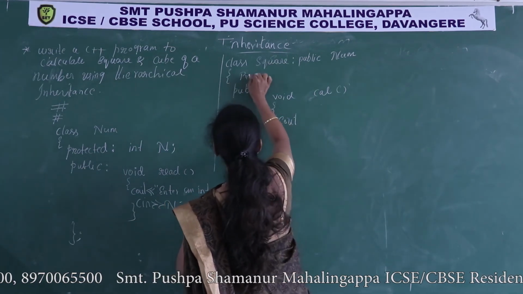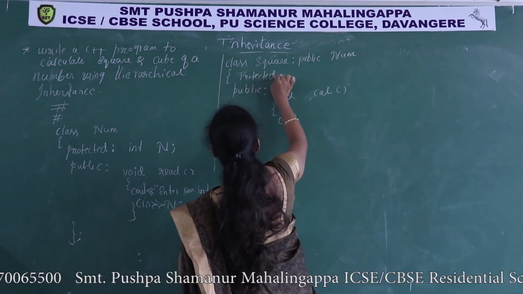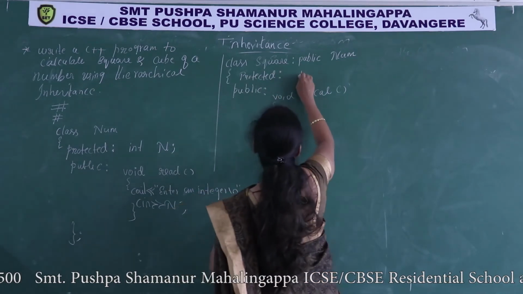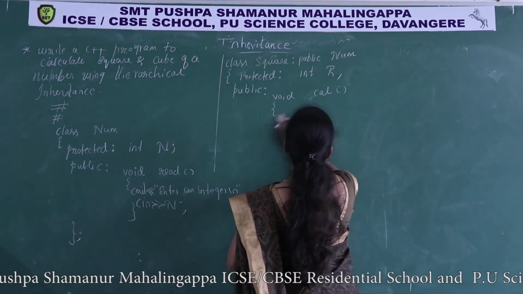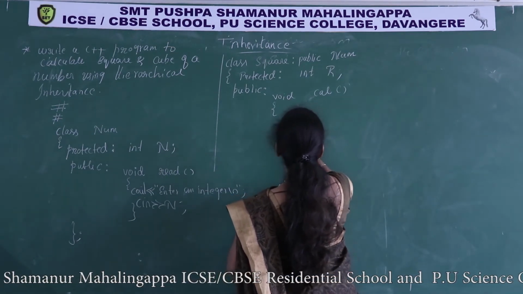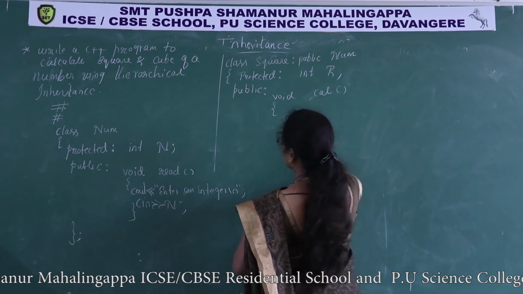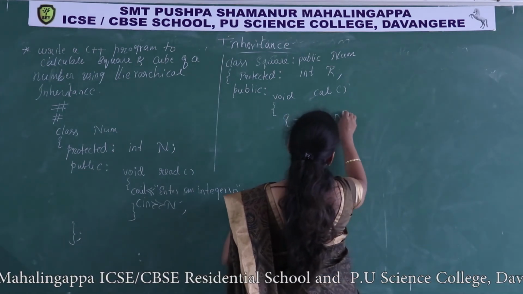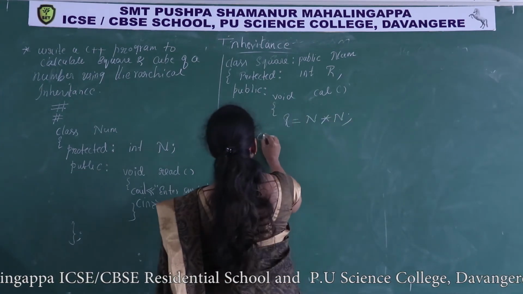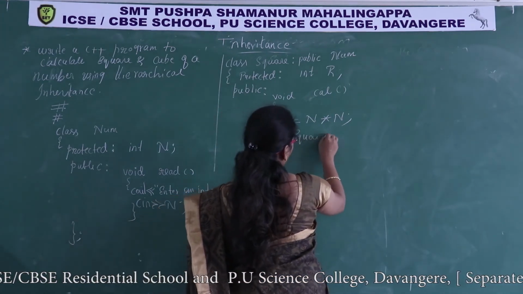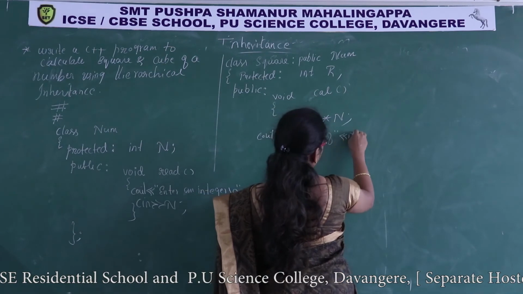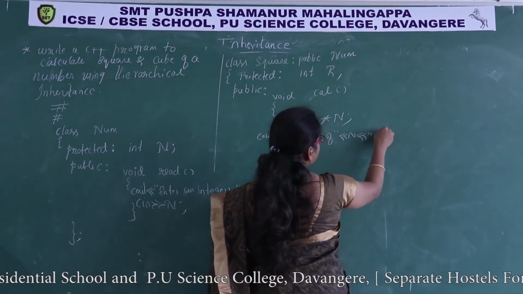In the protected section, I'll take another data member to store the result, int r. R is equal to n into n. Cout square of n is r.